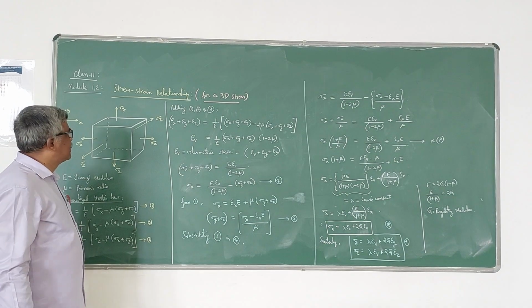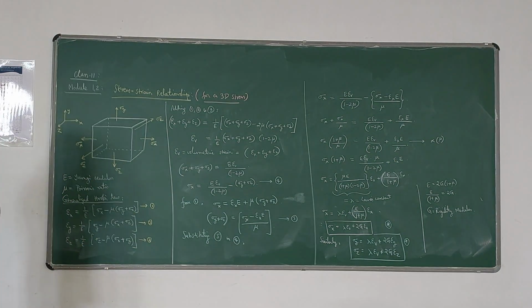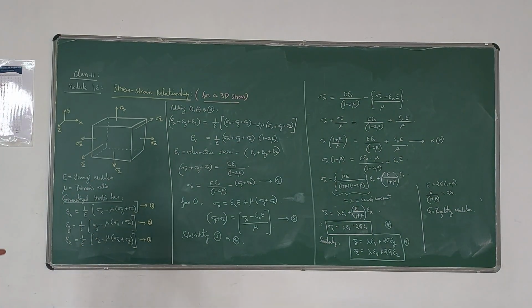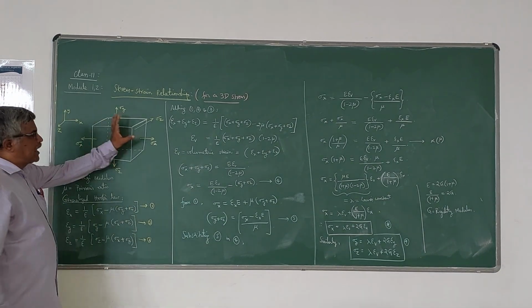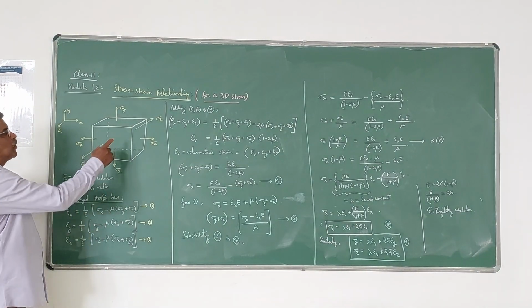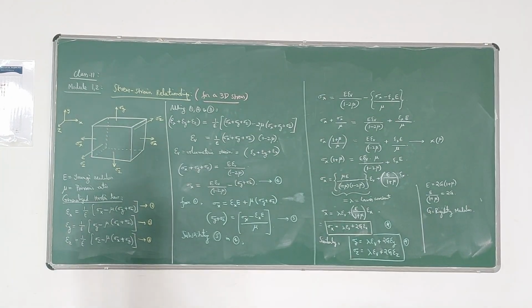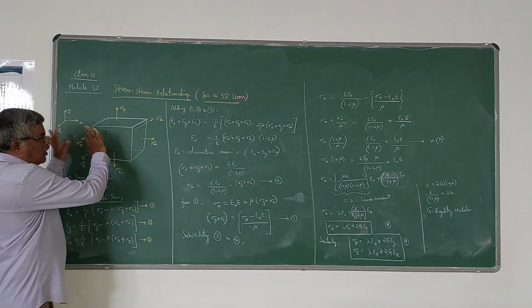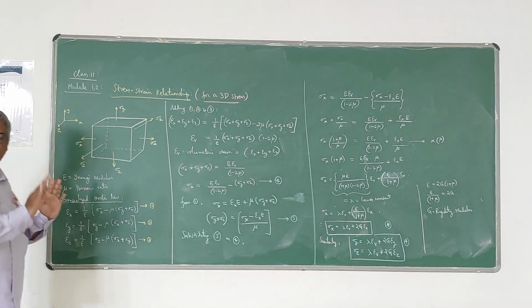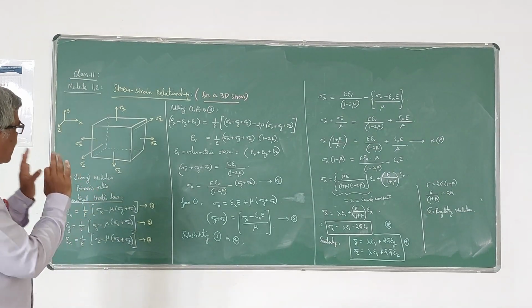Now to understand a 3-dimensional stress system, let us consider a 3-dimensional element like this, which is subjected to normal stresses in all the 3 directions, x, y, z directions. I have taken here all the stresses as tensile stresses, they are acting away from the element.